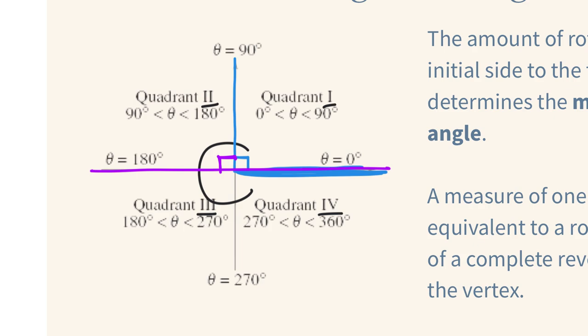So right now I have 90, I have 180. If I were to add another 90, that would give me 270 in quadrant 3, so that's from 180 to 270. And then going all the way over to quadrant 4, adding another 90 would give me 360.